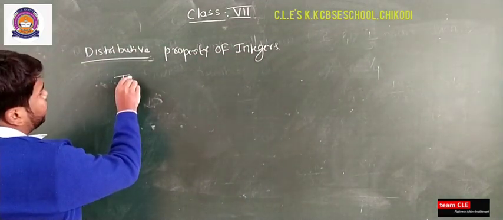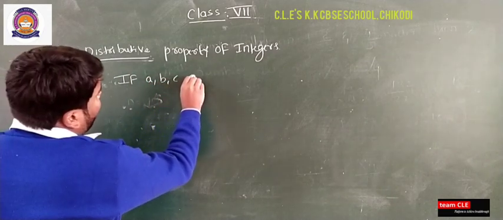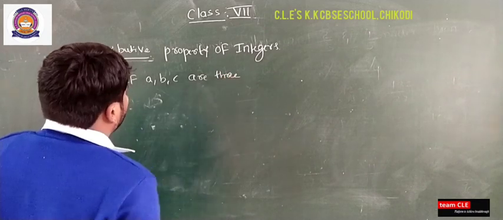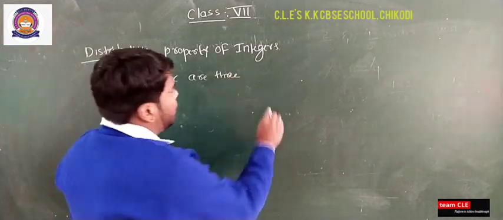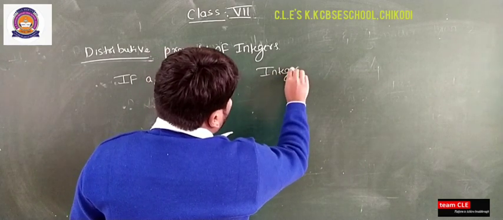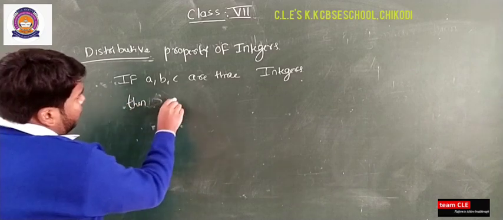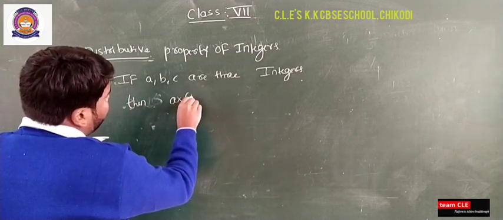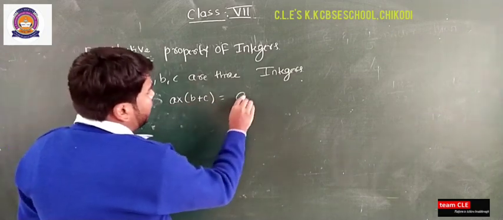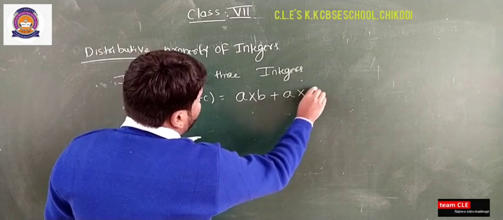If a, b, c are three integers, then a into (b plus c) you can write as a into b plus a into c.